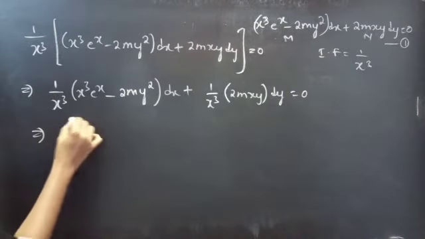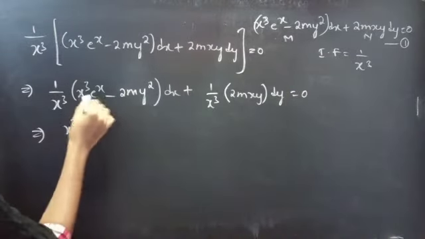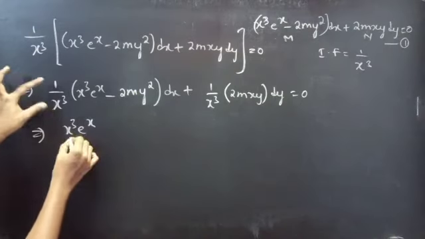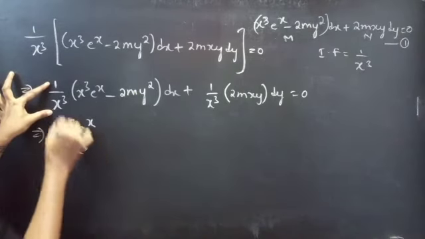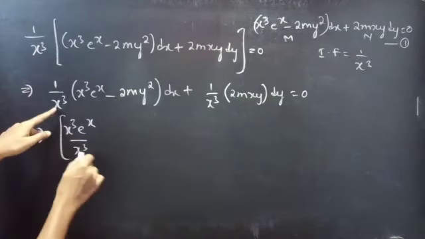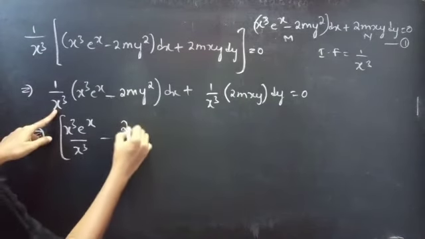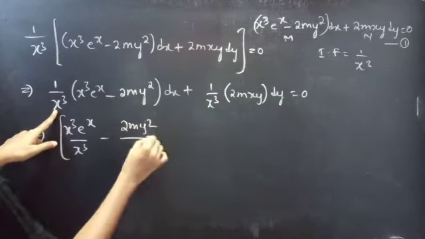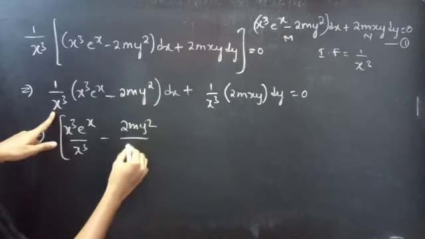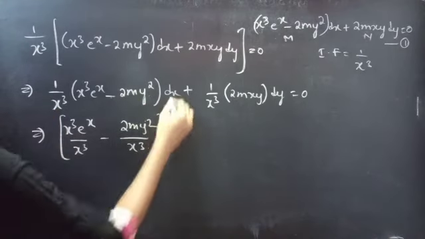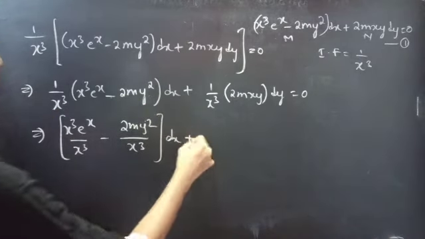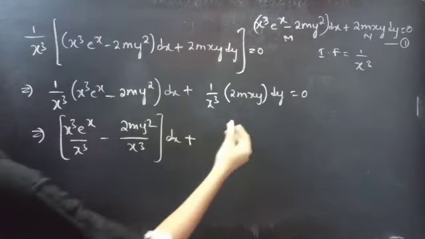Then x cube e power x into 1 by x cube is e power x, minus 2my square into 1 by x cube is 2my square by x cube, dx, plus here you can write this as 2mxy by x cube dy equals 0. So x cube gets cancelled.